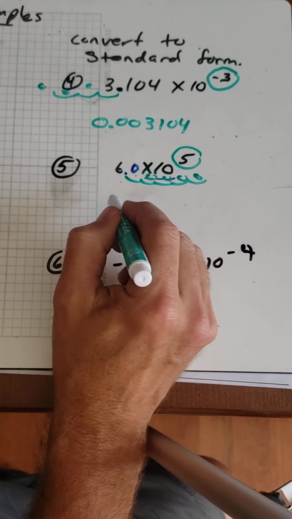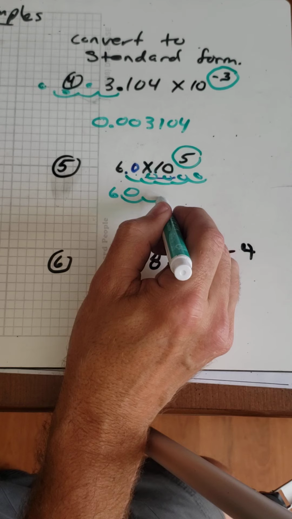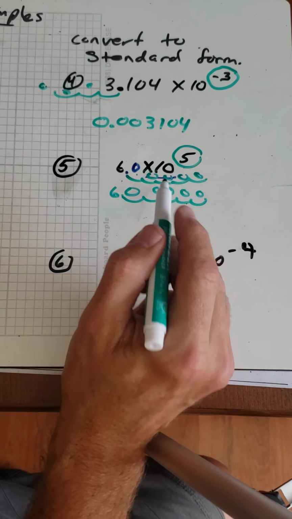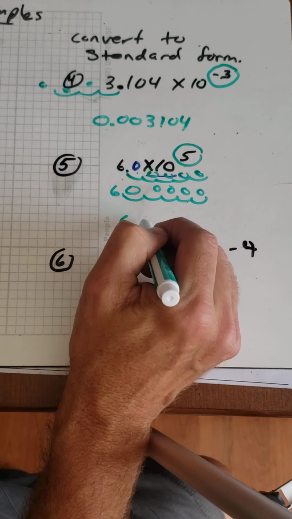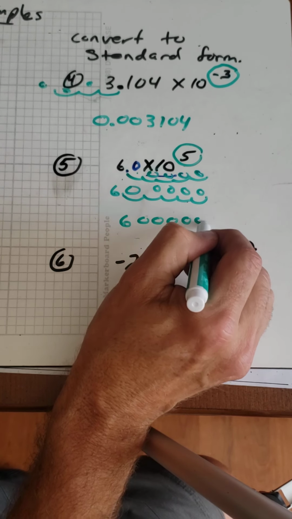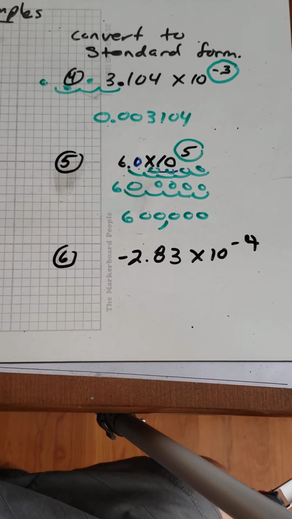Actually, I'm going to write that down here so you can see a little bit better. So now I'm going to move it 1, 2, 3, 4, 5. Plug in my zeros there. So I end up with 6, 1, 2, 3, 4, 5. So 600,000 would be my final answer on that one.